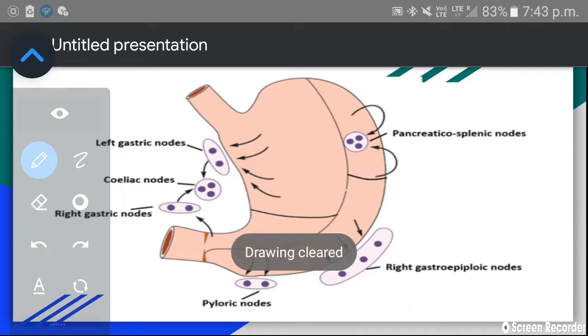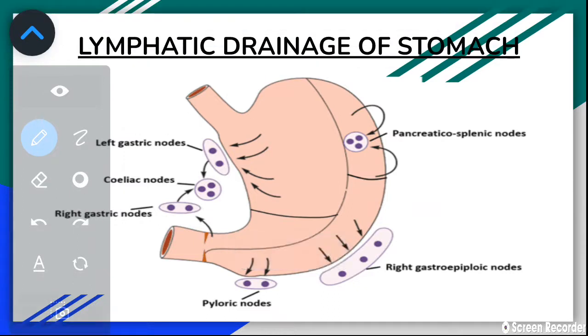Now we have different sets of lymph nodes present around the stomach, as you can see in this diagram. First is the left gastric node, present around the left gastric artery. Second is the pancreatico-splenic node, around the splenic artery. Third is the right gastroepiploic node, around the right gastroepiploic artery. Then the pyloric node, present between the first and second part of the duodenum.